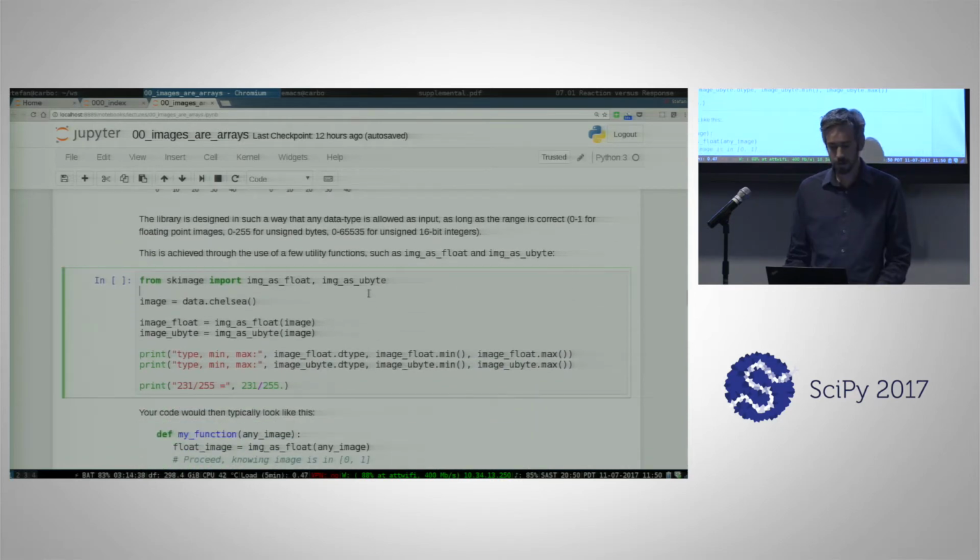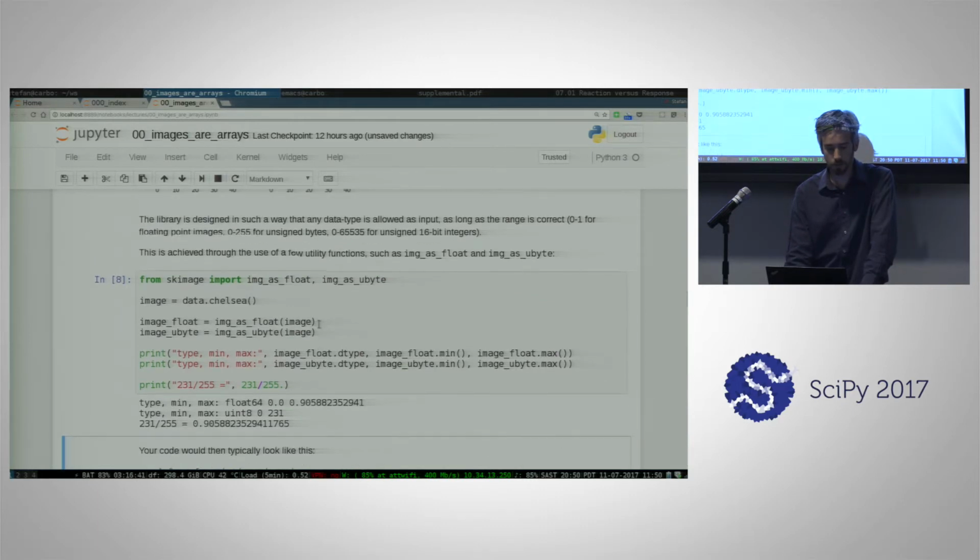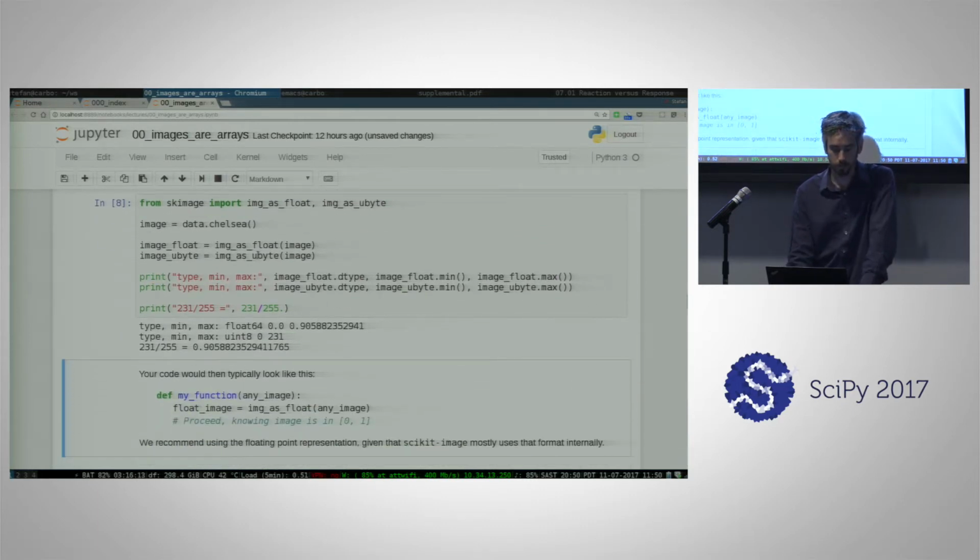I mentioned that there are conversion functions that you can use to convert between the different representations. From scikit-image, you can import img_as_float and img_as_ubyte, which stands for unsigned byte. If you call those functions on an image, you'll see that it converts it between the different formats.